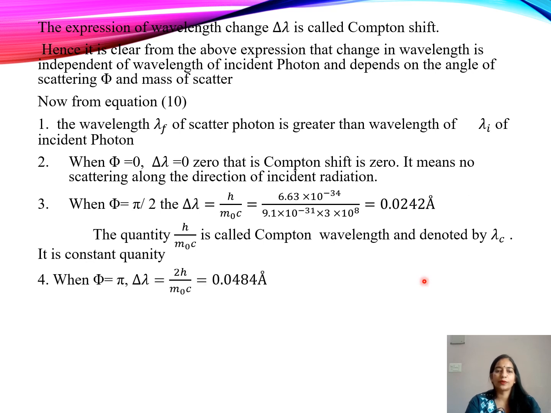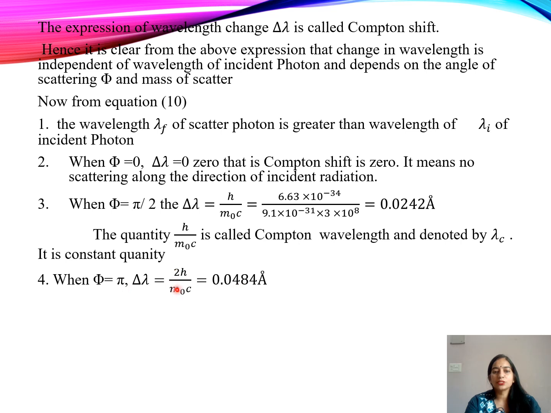It is a constant quantity. If phi equals pi, that is, if the photon is scattered back in the direction from which it came, then delta lambda equals 2h upon m naught c, because cos phi equals minus 1.